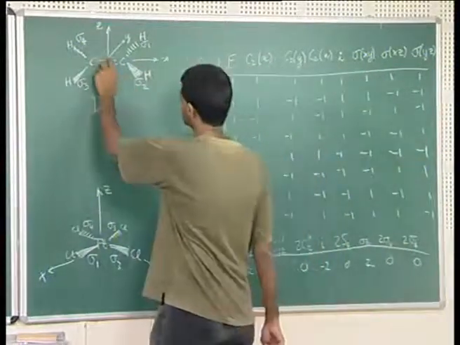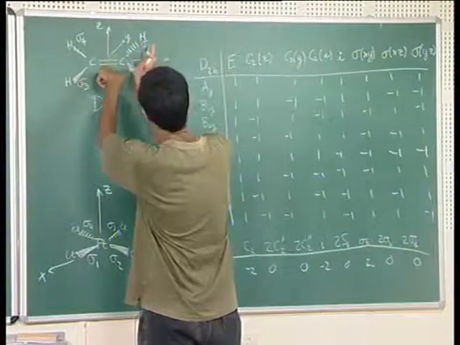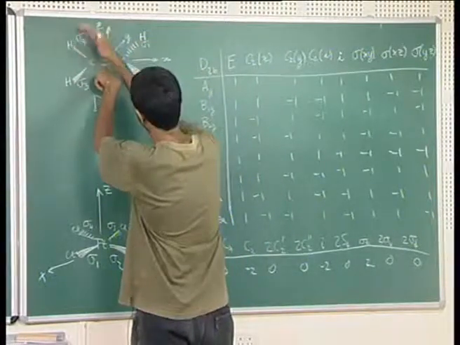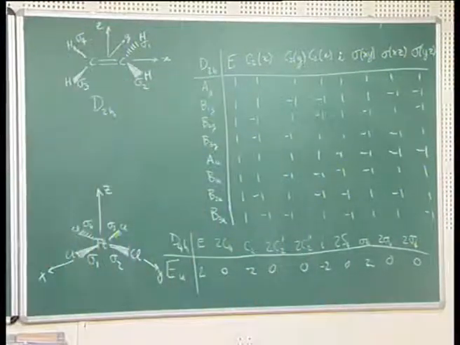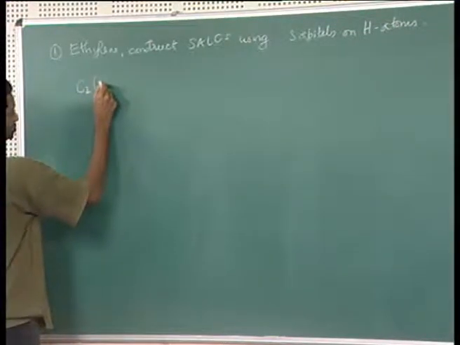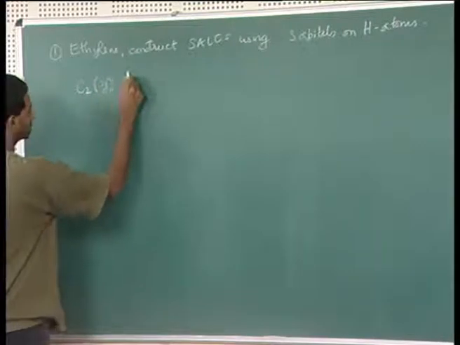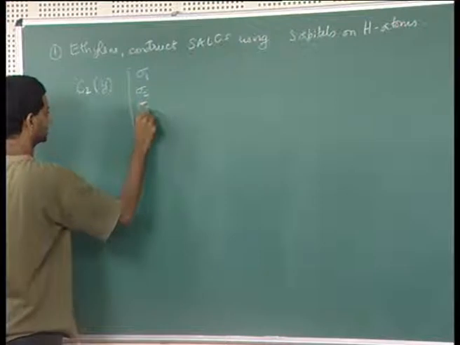If I rotate about the y axis, sigma 1 will become sigma 4. Okay, and you can do this for all the 4 s orbitals. So if you do C2 about the y axis on, let's write sigma 1, sigma 2, sigma 3, sigma 4.